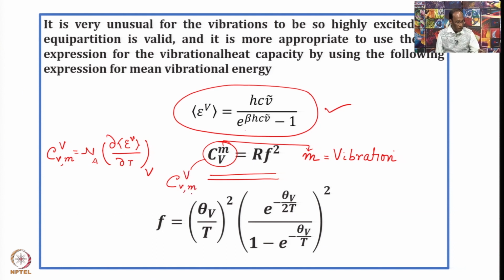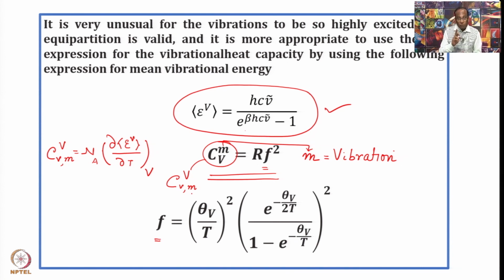Here this m will mean molar. So, you can choose whatever way you want to show. And what is this F? F is theta v by T, squared, times exponential minus theta v by 2T divided by 1 minus exponential minus theta v by T, squared, some cumbersome kind of equation.